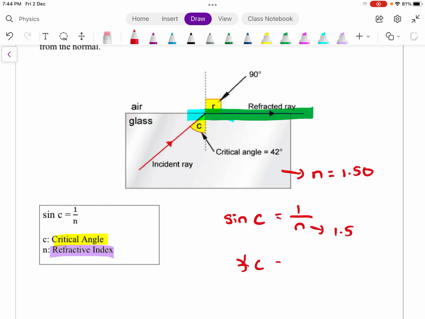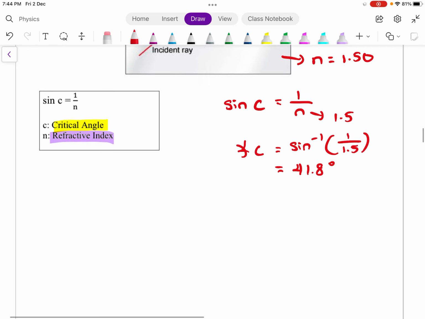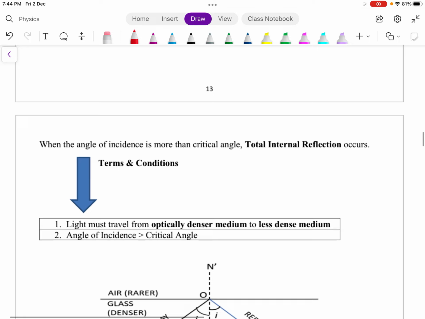The critical angle is equal to sine inverse of 1 over 1.5. So it's roughly about 41.8 degrees. That is how we calculate the critical angle of a certain material. Okay, let's go on to the next part.